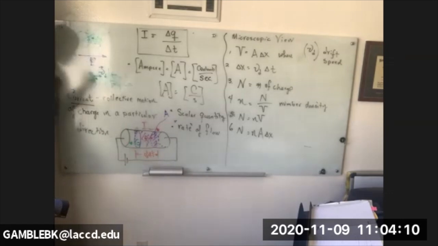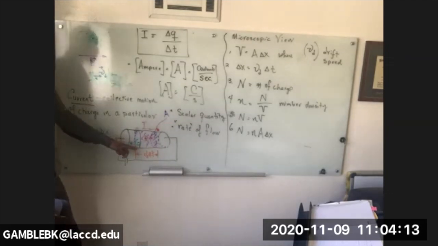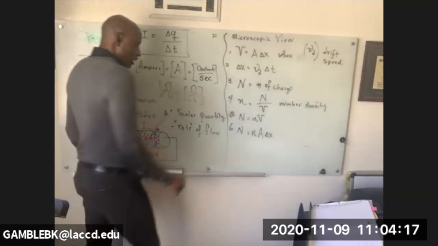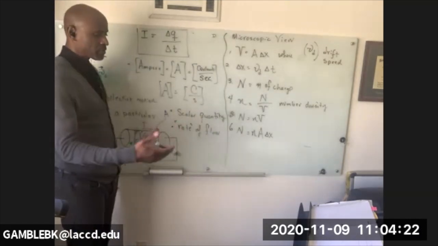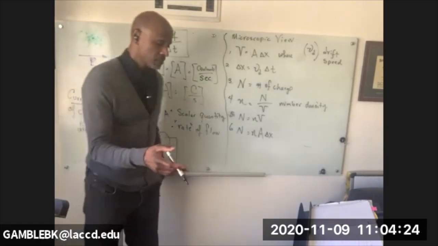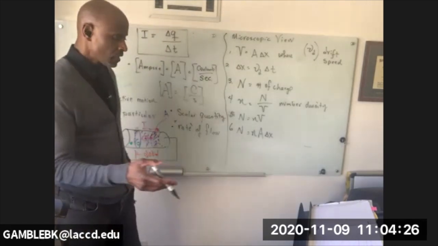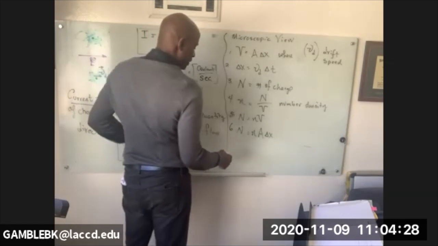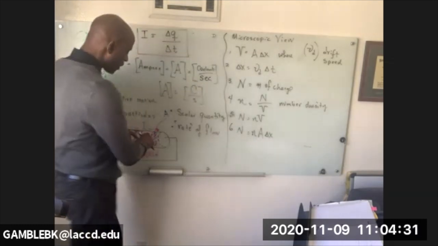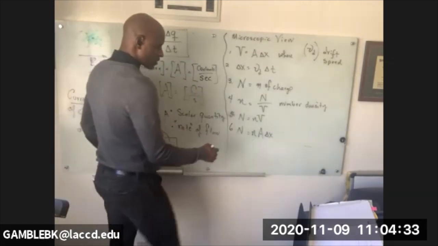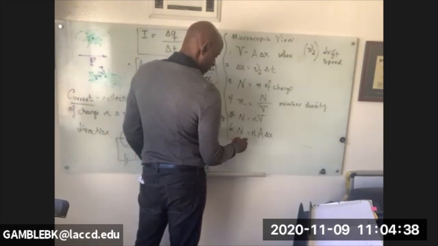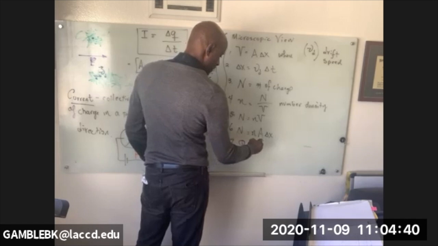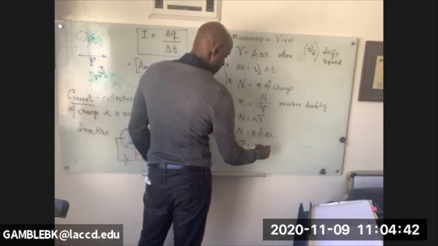Now, we have these individual charges here, right? The electrons and holes. And we know that the elemental unit of charge is just E, right? So if we wanted to know the total amount of charge in this volume, we just add up all the charges. That is, the total charge Q within that volume is equal to the sum of all the individual charges Q sub i.